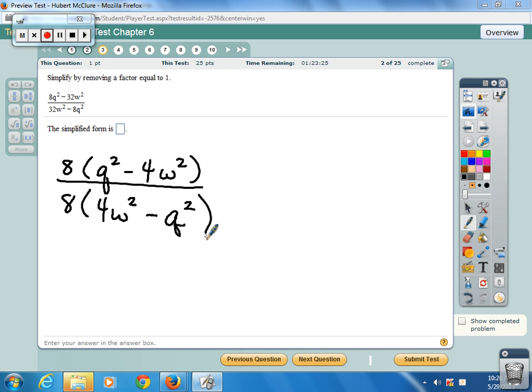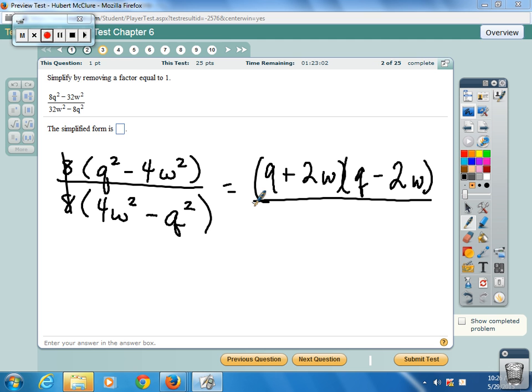Okay, Q squared. And the eights cancel, and these look like shortcut number threes, but I don't think anything's going to cancel, but we can look. Let's see what happens. Q plus 2W, Q minus 2W, over 2W plus Q. Yeah, those two will go out, and 2W minus Q. And which ones cancel?